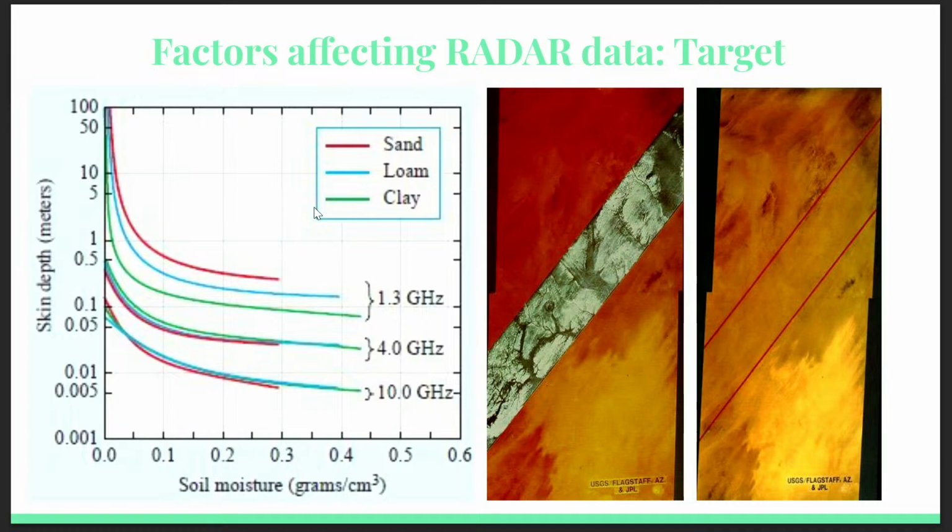Now if the sand is dry, then we will be able to see it very easily using this sensor. You won't be able to see at this sensor or this sensor, but you will be able to see with this sensor. But suppose the sand is wet, then you won't be able to see at all, okay?